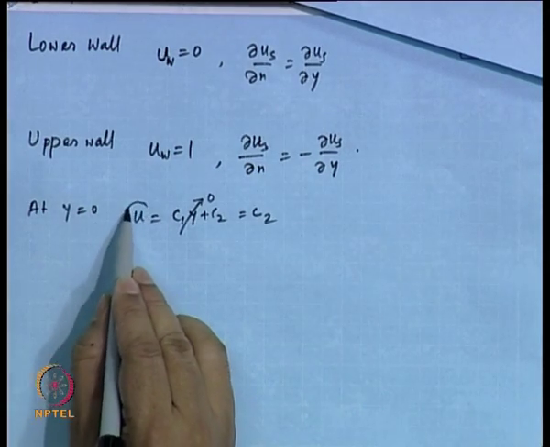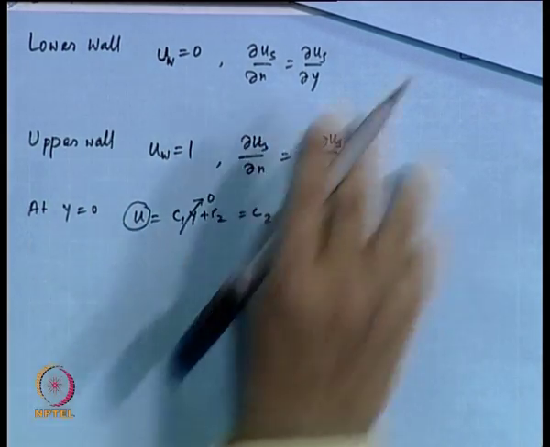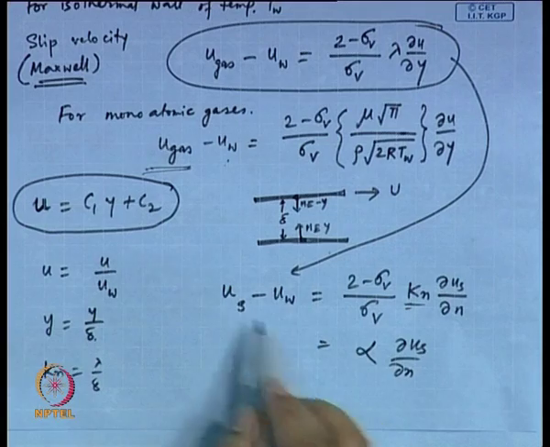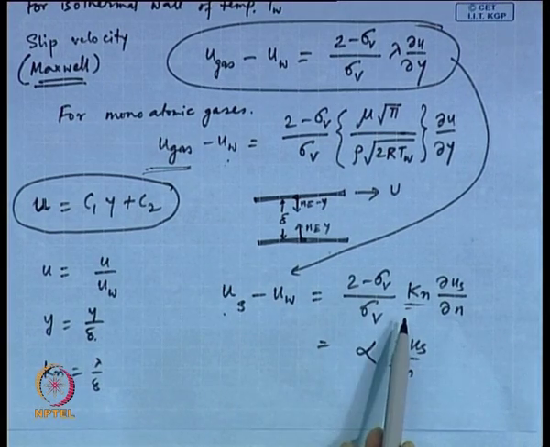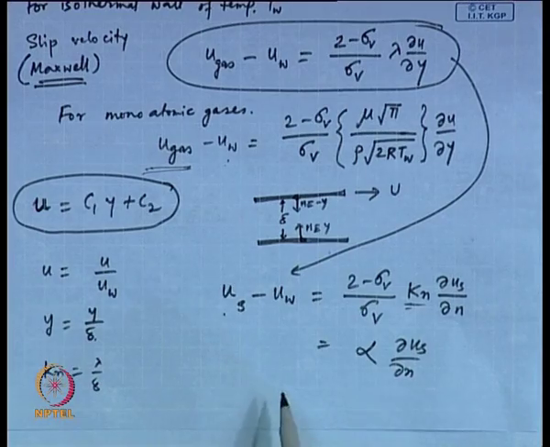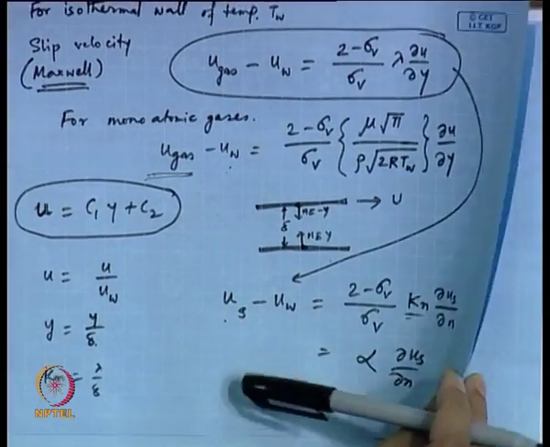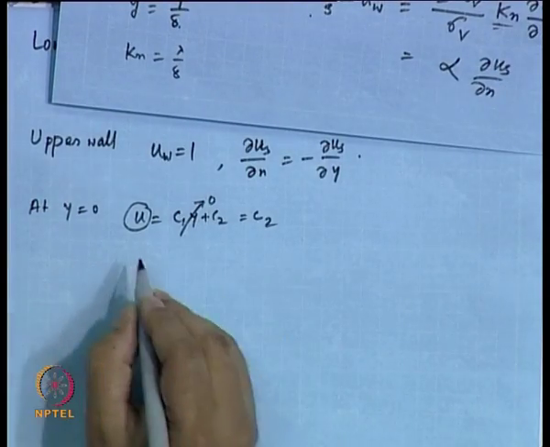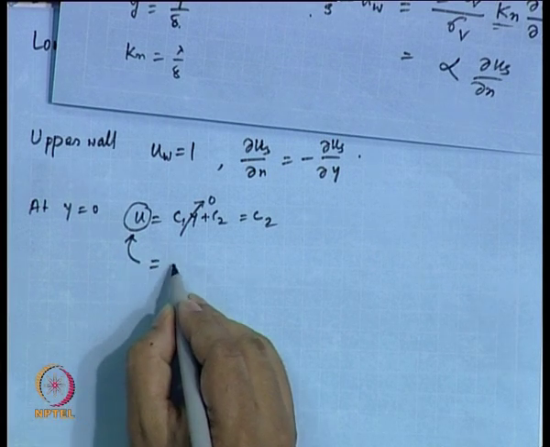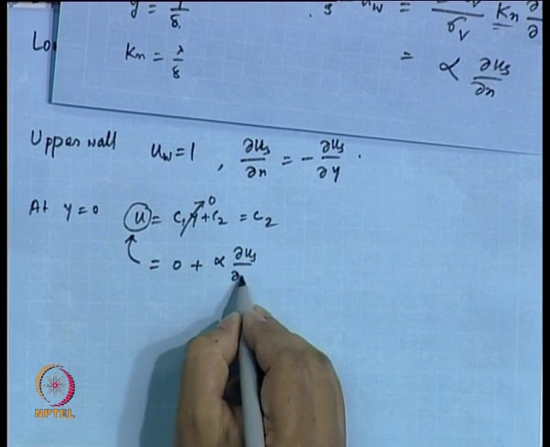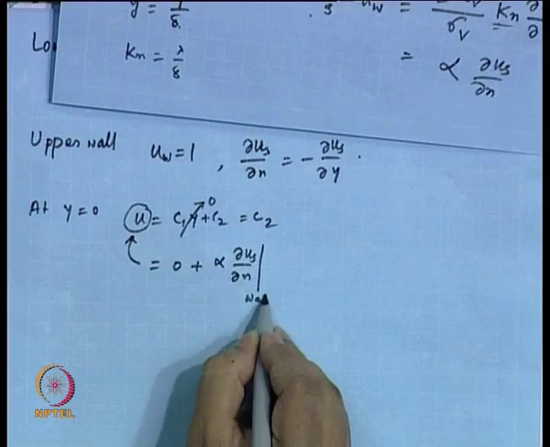We need to look into this expression. u_w will go to that side, so it would be u_w plus alpha ∂u_s/∂n, and u_w is equal to 0, the wall velocity condition is 0. So, what do you end up with? You end up with u equal to 0 plus alpha ∂u_s/∂n at the wall.